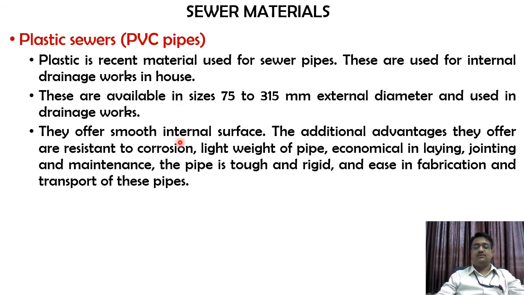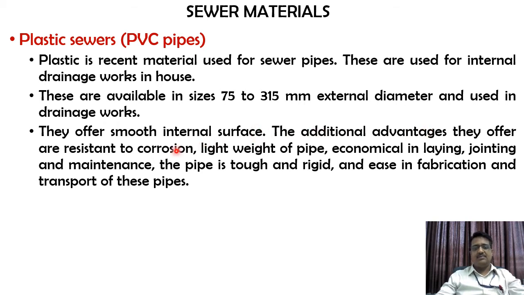So for internal house drainage as well as the external visible part of that drainage, it can be done effectively with PVC pipes. The diameter will vary from 75 to 315 mm. Apart from that, these provide a quite smooth internal surface, so even the hydraulic efficiency of this is quite high.